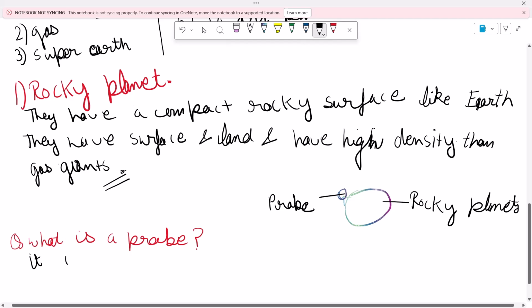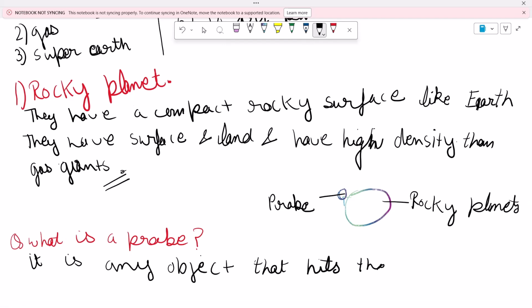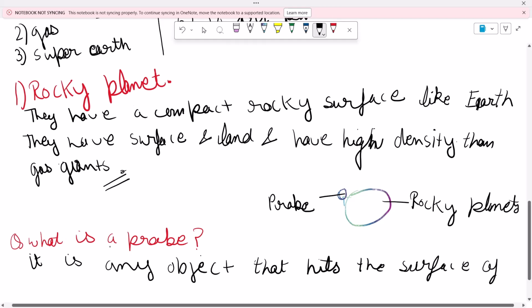It is any object that hits the surface of a terrestrial body.